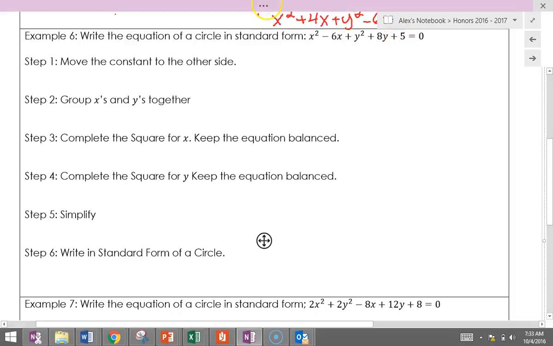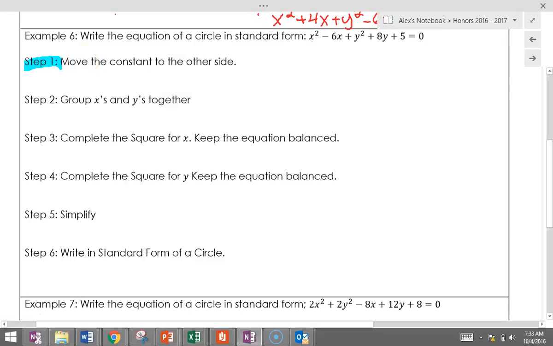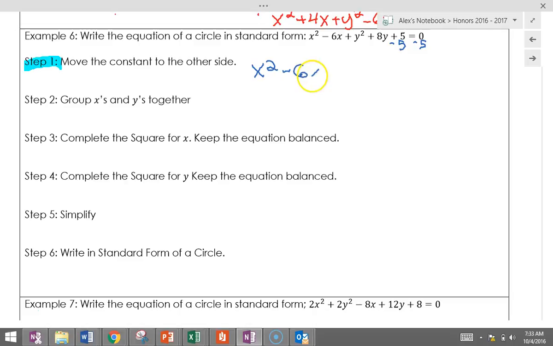Remember, your constant doesn't have a variable in it. And I'm going to move it to the other side by subtracting 5 from both sides. So now I have x squared minus 6x plus y squared plus 8y equals negative 5.